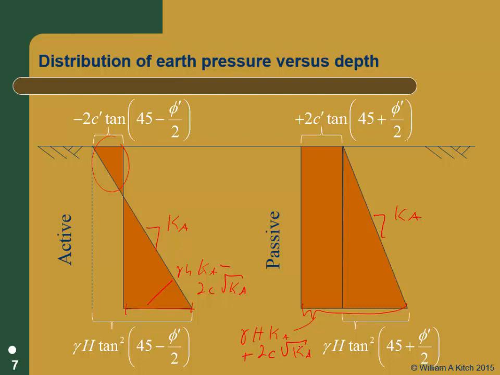I'm sorry, Kp. These are p's. And this is increasing at the rate of Kp, sorry. So if I draw that to scale, this line should be much, much steeper, something like that. So in the passive case, at the ground surface, I've got a positive earth pressure on the soil, even for no vertical stress, because of the cohesion.